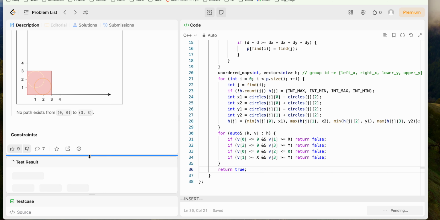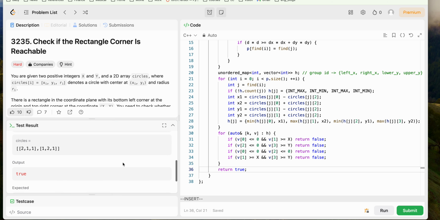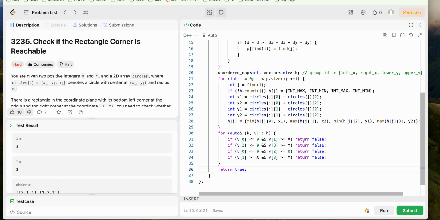Let's do a test run. This one returns incorrectly. Let's see what's the issue. So 0 and 1, this is okay, and 2 and 3, this is okay.